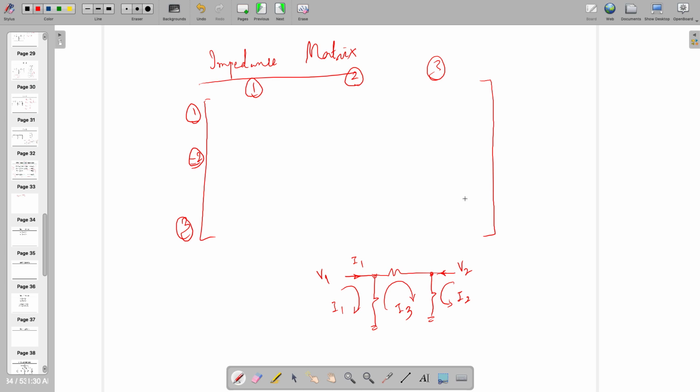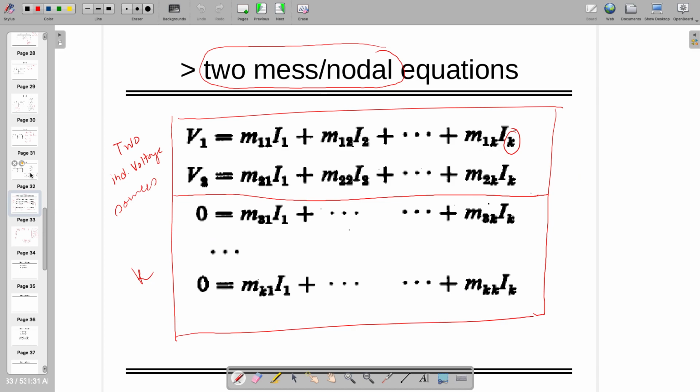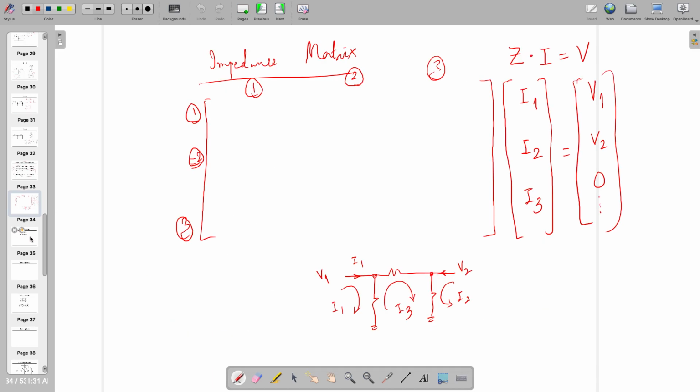When you write this impedance matrix, it's Z times I equal to V. So it will be multiplied by 3 things, I1, I2 and I3, and this side will be V1, and V2 might be 0 or something here, right? It's the same thing. You can write in the form of equations, or in the form of a matrix, whichever you like.